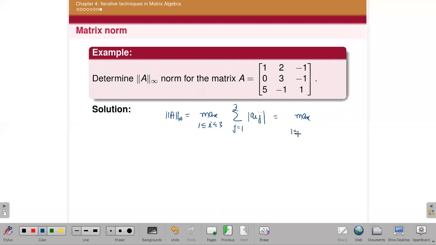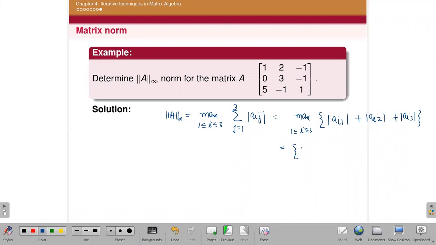So it is a maximum of |Ai1| plus |Ai2| plus |Ai3|. It means it is basically the modulus of this element, plus the modulus of this element, plus the modulus of this element. Then you have to take the maximum.